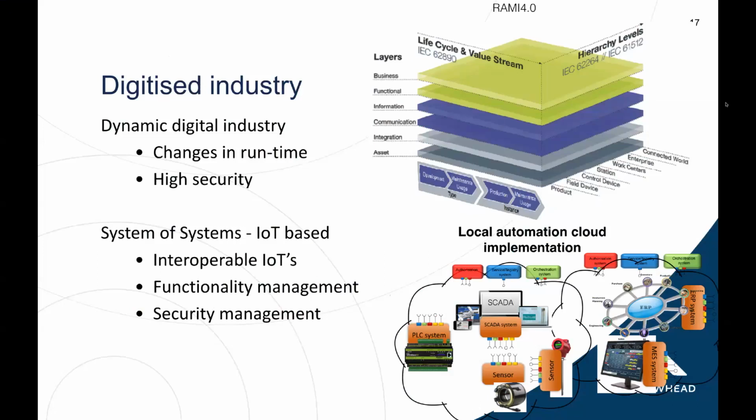Everything will be based on internet technologies, so IoT based, and these have to be interoperable. But we also need to look at various management situations in much more detail with these new architectures compared to what we have done before. So functional management, security management, business management, logistics management, safety management, etc.